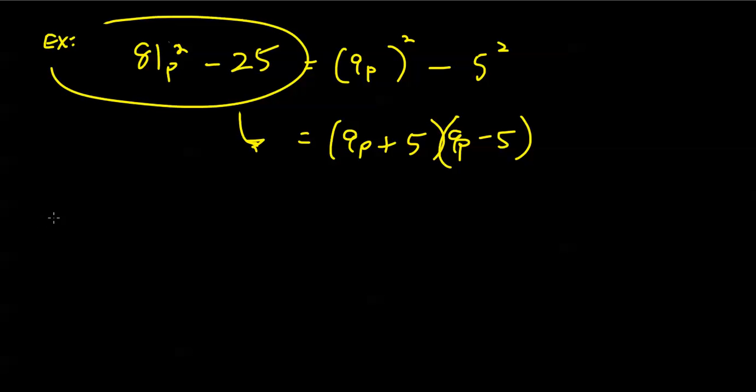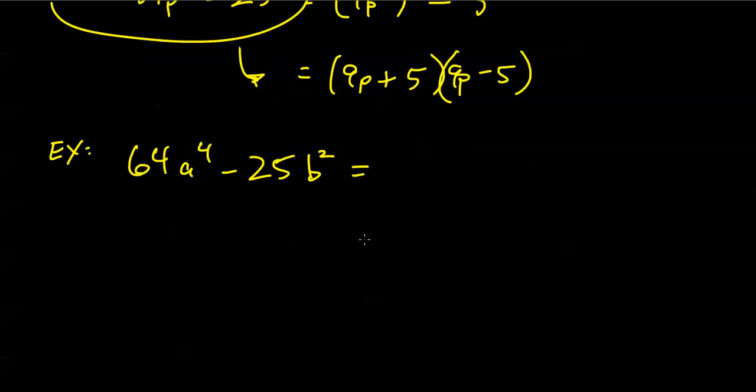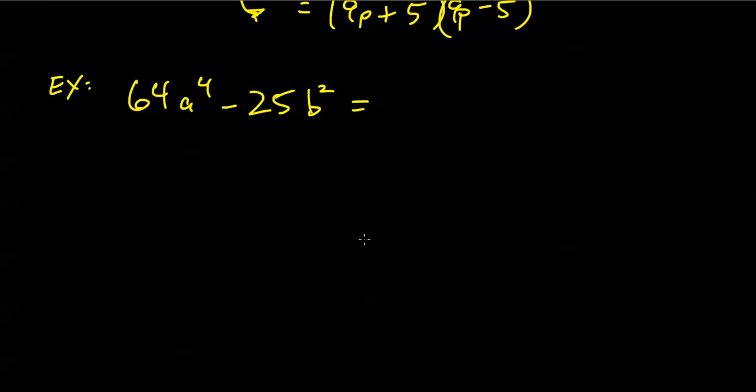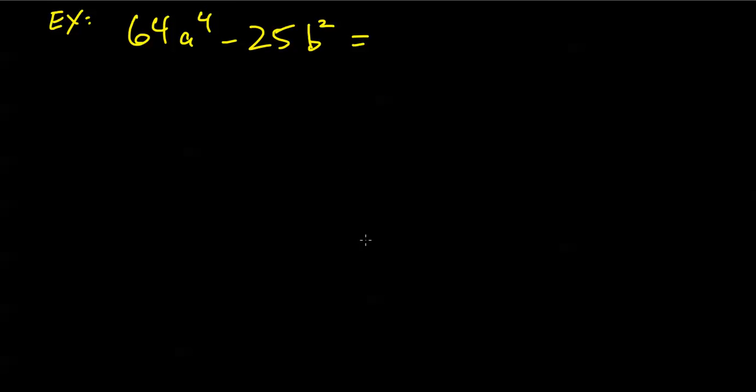Now, another one of this type. 64 a to the fourth minus 25 b squared. Now I know what you're thinking. You're thinking that this is supposed to be a difference of squares, and I see a fourth power there. Well, hopefully we can agree that a fourth power can be written as a power of 2, can it not?